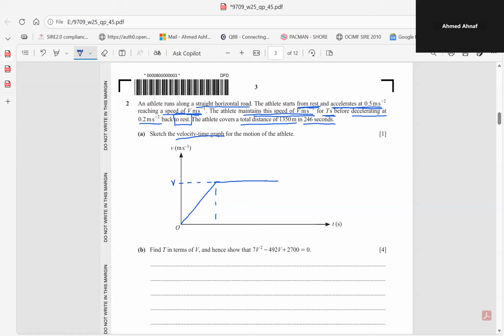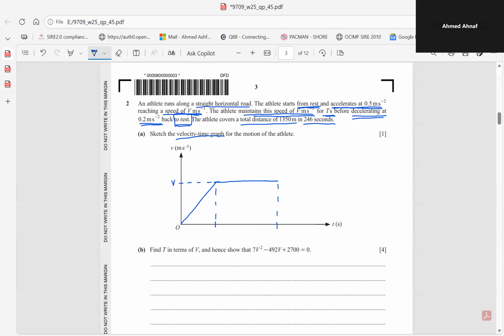I don't know what this time is, they never say in here, but whatever time is in here, you just add t. And then after that, it decelerates at 0.2 meters per second squared back to rest.